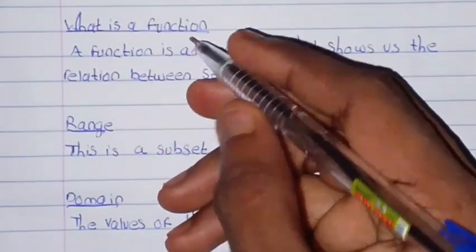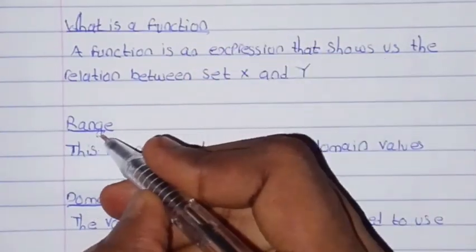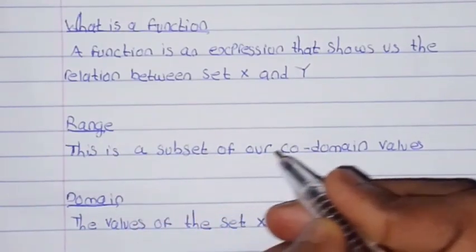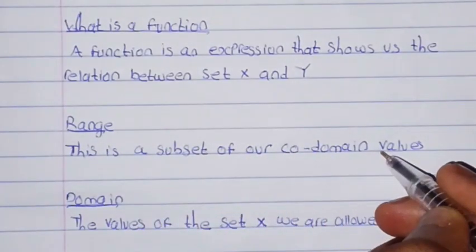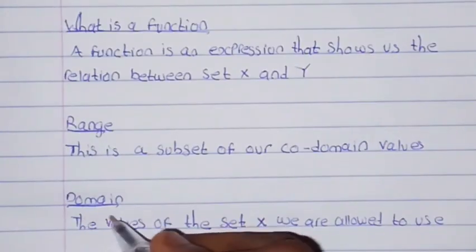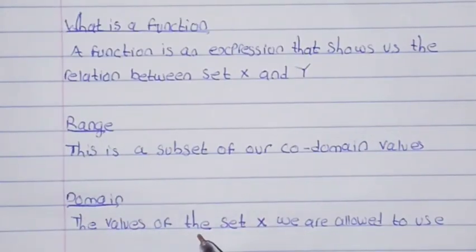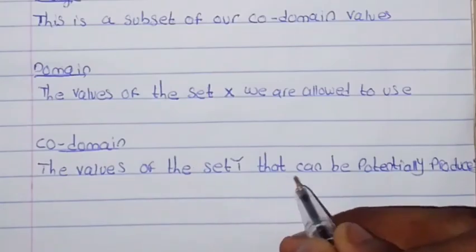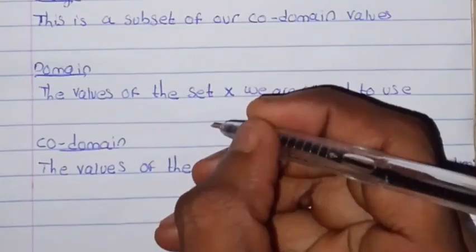The second term we want to define is range. A range of a function is a subset of the codomain values. Then domain. The values of the set x that we're allowed to use are referred to as the domain. Then lastly, we have the codomain, the values of the set y that can potentially be produced.